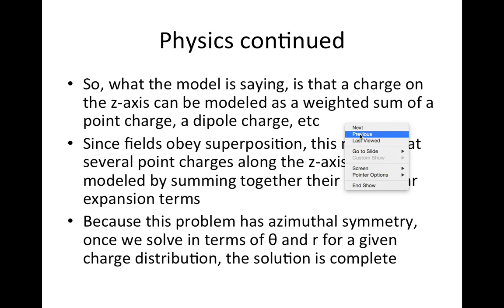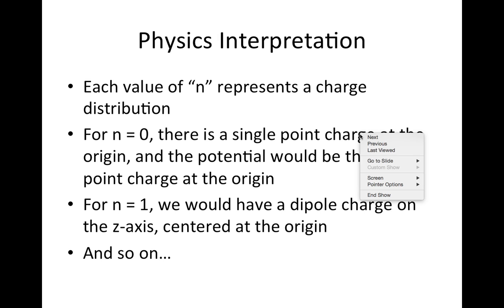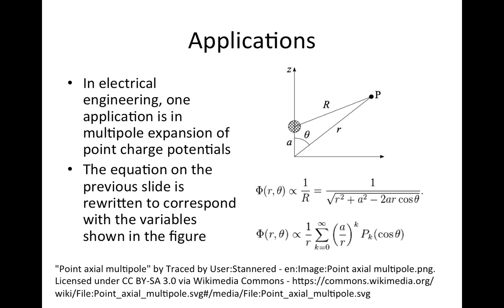So, multipolar expansions. Go back to the figure. It's one of those areas in field theory that you don't necessarily cover because the mathematics can get somewhat complicated. But what you're really saying is, for this particular charge distribution, there's a part that looks like a point charge centered at the origin. But clearly it's not.